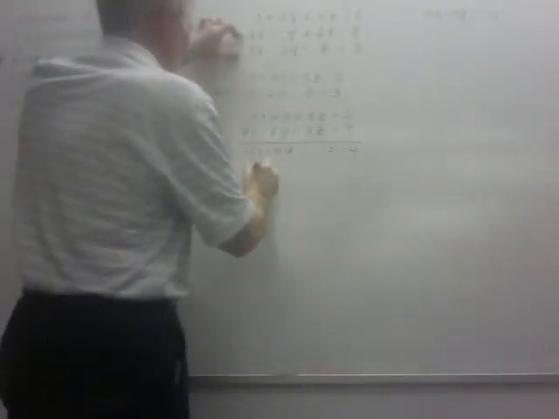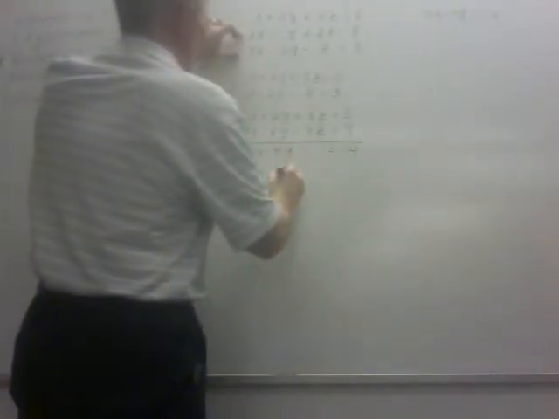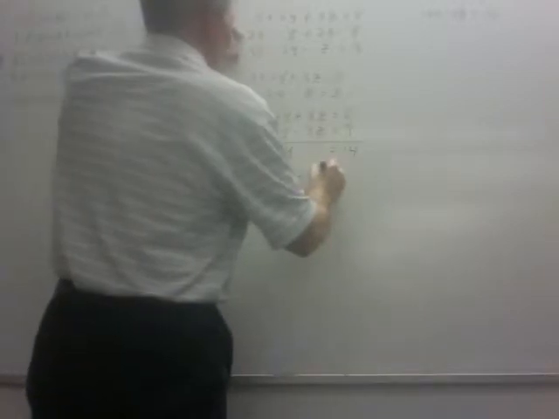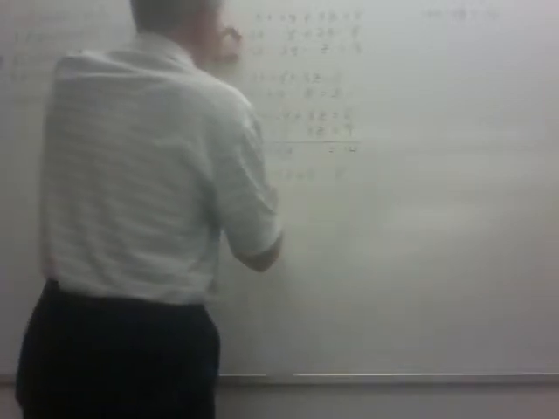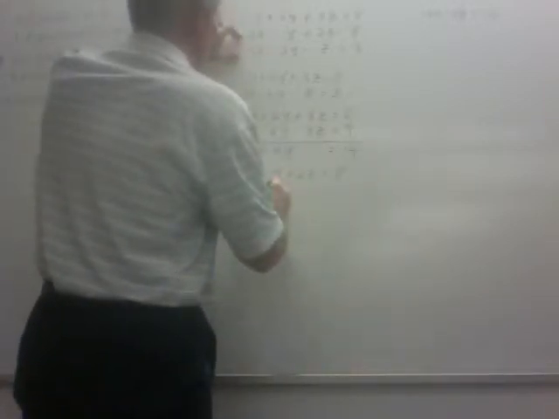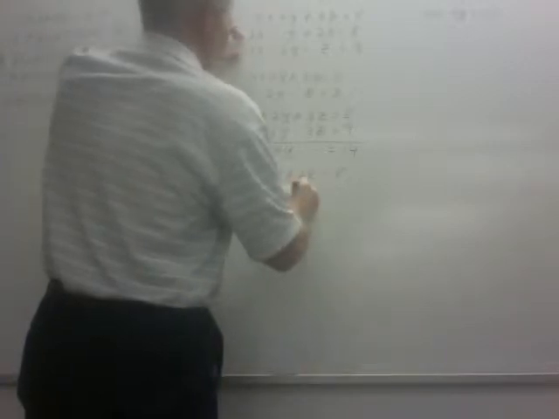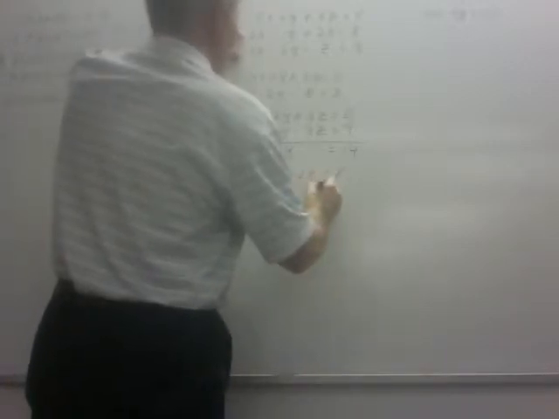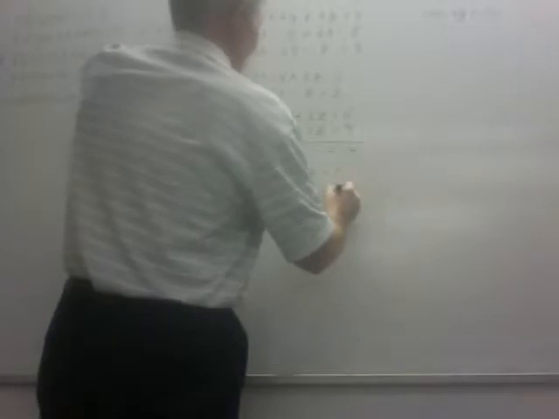I've got 2x minus y plus 2z is equal to 8. I've got 3x minus 2y minus z is equal to 3. Everybody okay? Good. Now I need to get rid of z again.